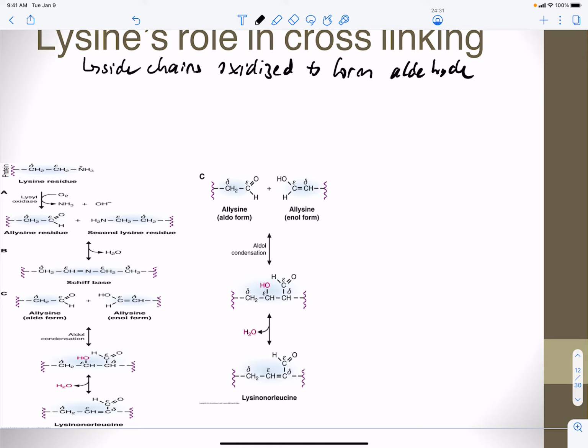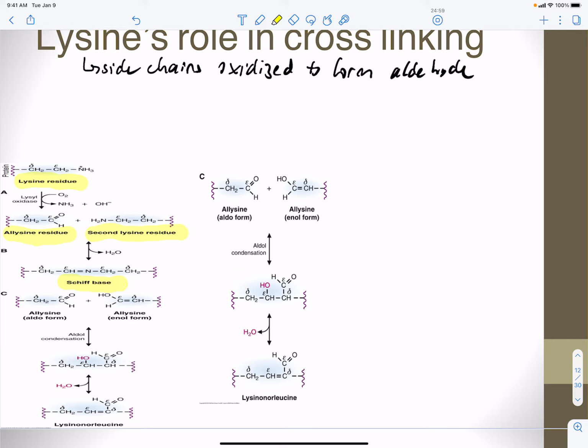And why this is important is because your aldehydes can condense with amines. So your lysine residues through oxidation will become an aldehyde, and then this can condense with a second lysine residue, and you can form what's called a Schiff base.